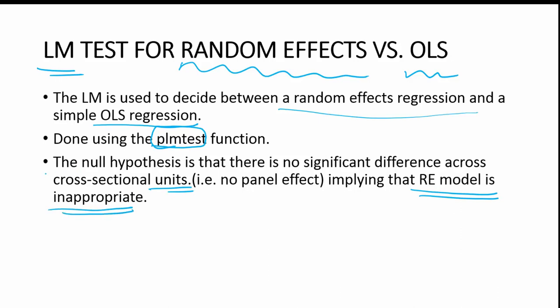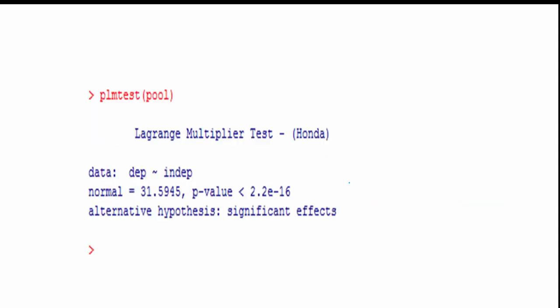So if we are in favor of the null hypothesis, then random effect is inappropriate. If we're not in favor of the null hypothesis, we're in favor of the alternative hypothesis, then random effect is appropriate. When we do this, pool is the result that we have used previously, right? So we just use that, and we're using the function plmtest.